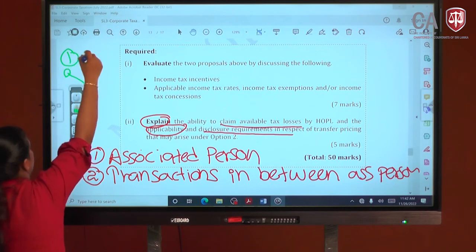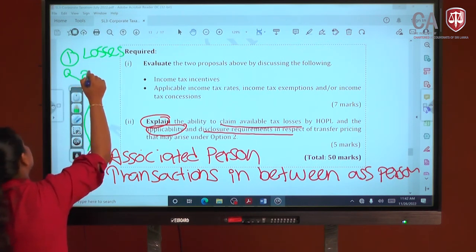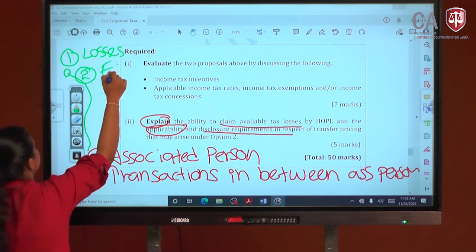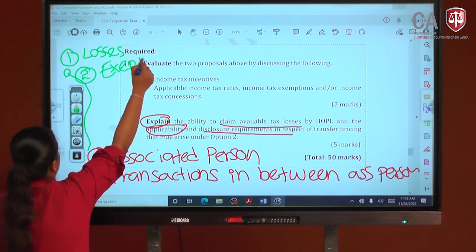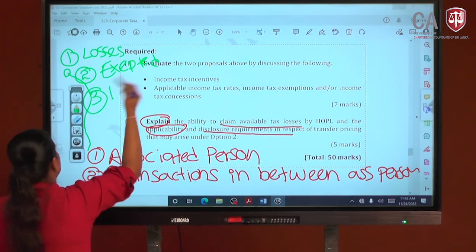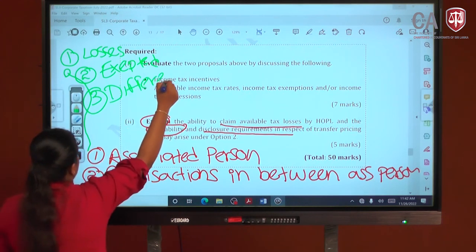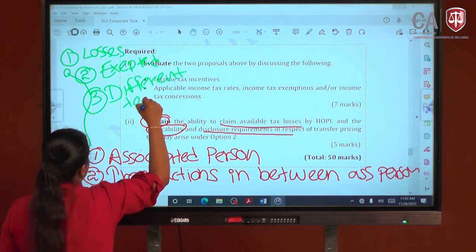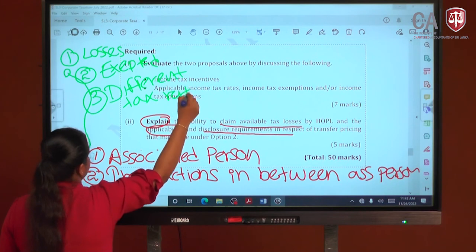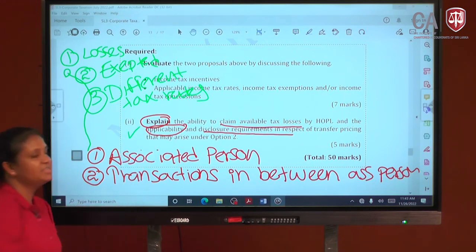First, one company is making losses, the other is not. Second, one company is exempted, the other is not exempted. Third, the 2 companies are taxed at different tax rates. If these things happen, then of course there is application of transfer pricing.